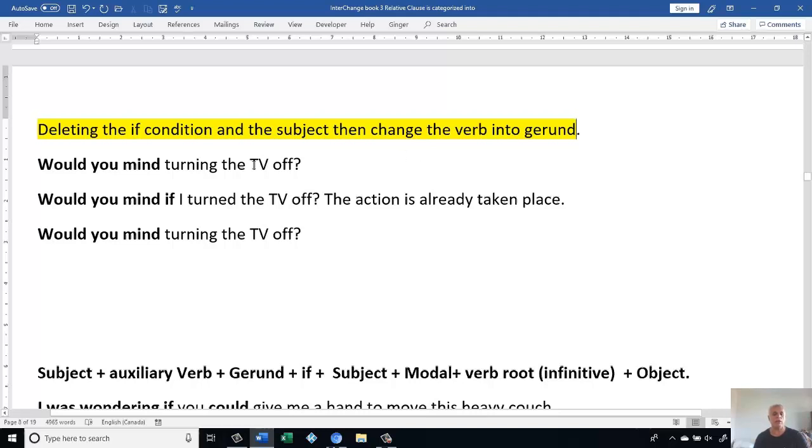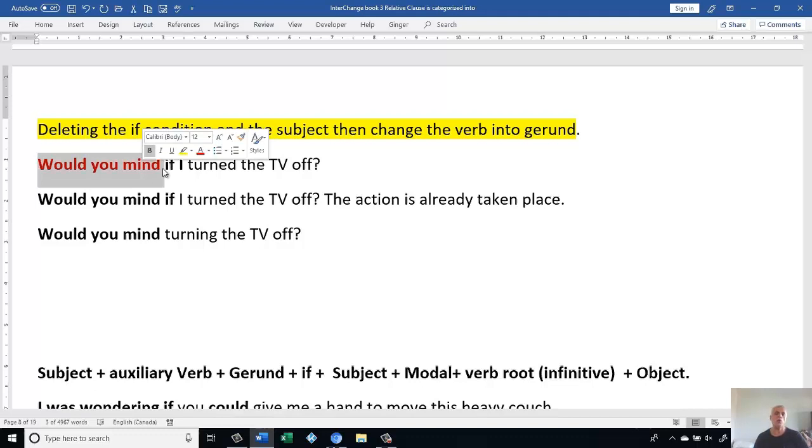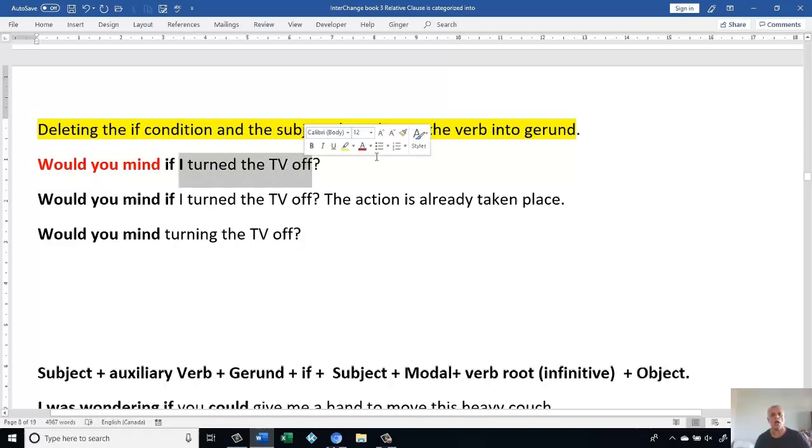If we look back here again, for example, you could say, would you mind if I turn the TV off? We look at the sentence here. We have the first clause, would you mind? Then we have if connecting the two clauses. Then we have the second clause, I turn the TV off.